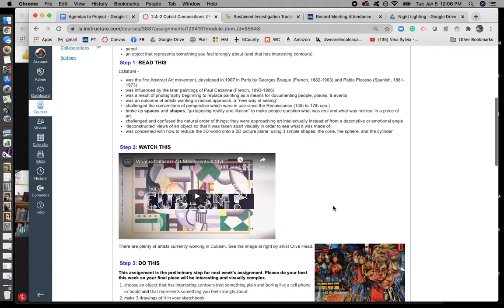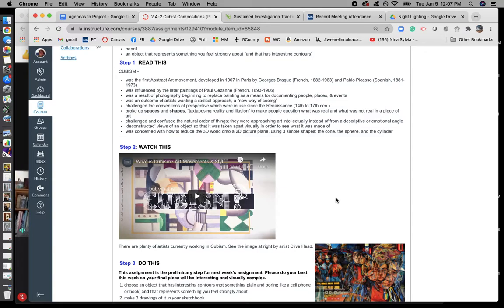So Cubism was the first abstract art movement, and I find it fascinating because when we look at things in the media or things online, whenever we see visuals nowadays, we take it for granted that they look a certain way. There is very little that is new and shocking about art or graphics that we see nowadays.